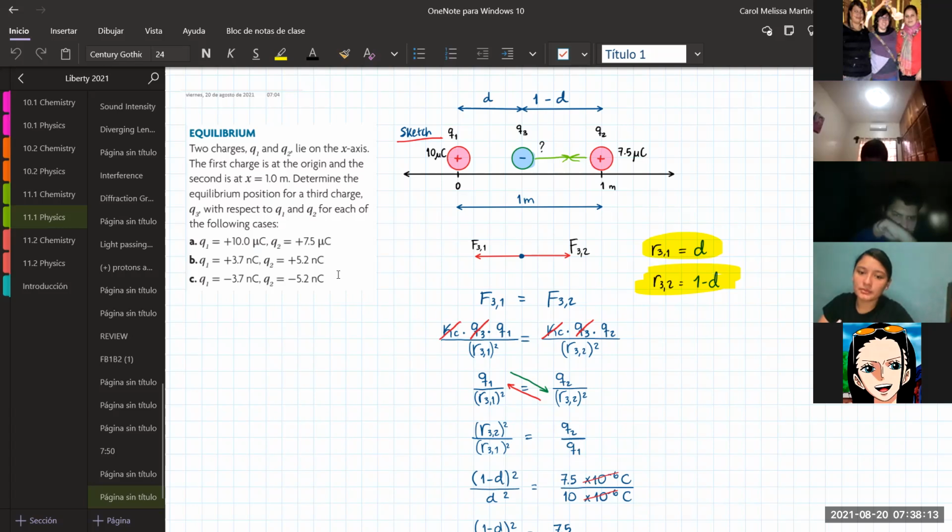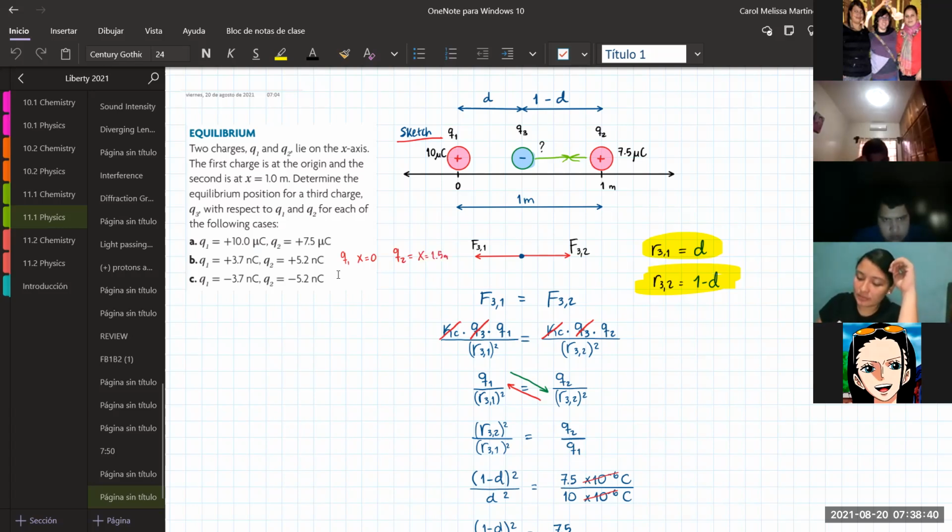Now, to make it more interesting, in this one Q1 is located at x equals 0 and Q2 is going to be located at x equals 1.5 meters.